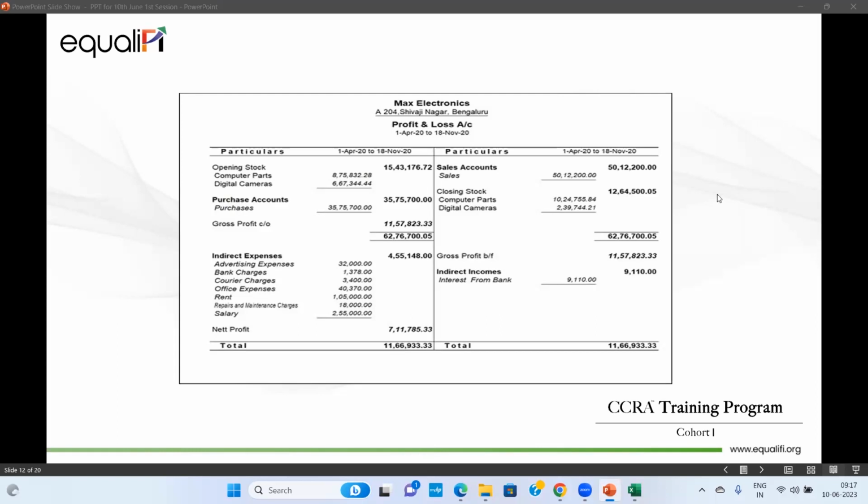For a particular period, 1st April 20 to November 20, the entire transactions have been captured here and a profit and loss account is drawn. Please give your observation. What do you feel? And if you can calculate some ratios related to the PL account, have a look for 5 minutes.